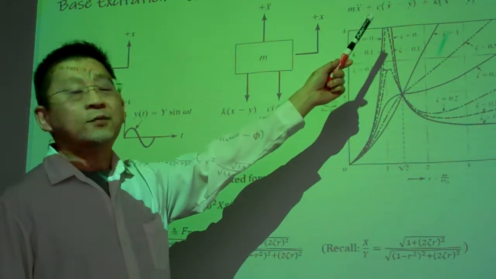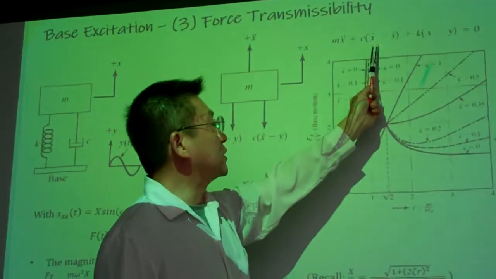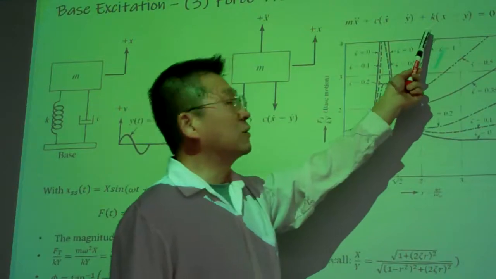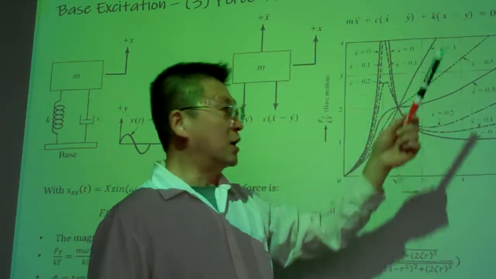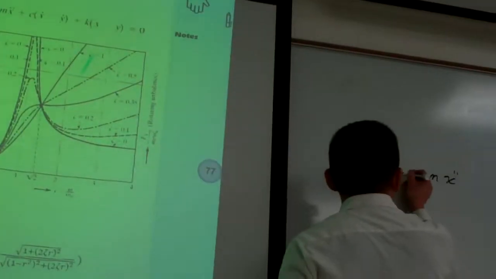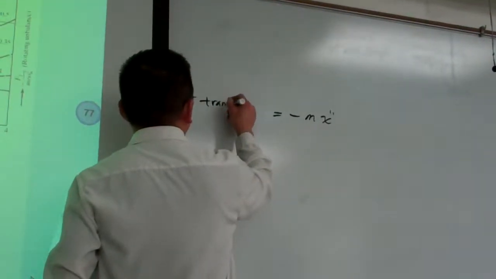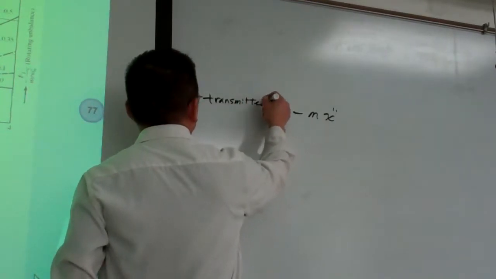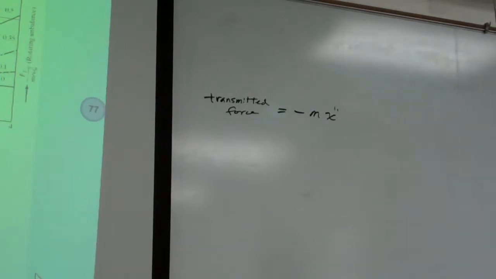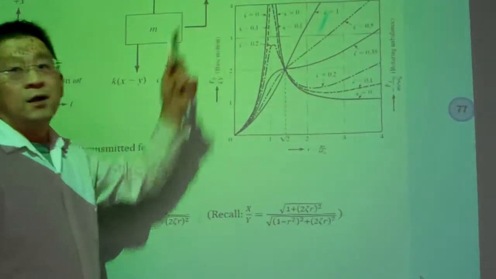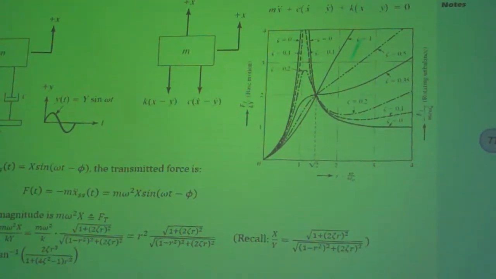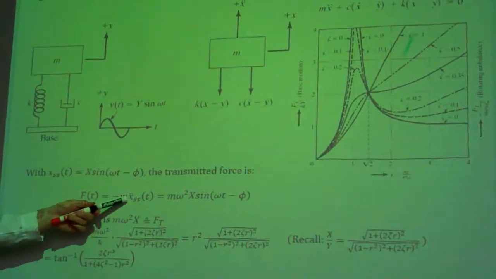Looking at this equation of motion, if you move this term to this side, the force being transmitted is equal to minus m times x double dot. This term is pretty straightforward, obtained by looking at that equation of motion. So that is summarized here.